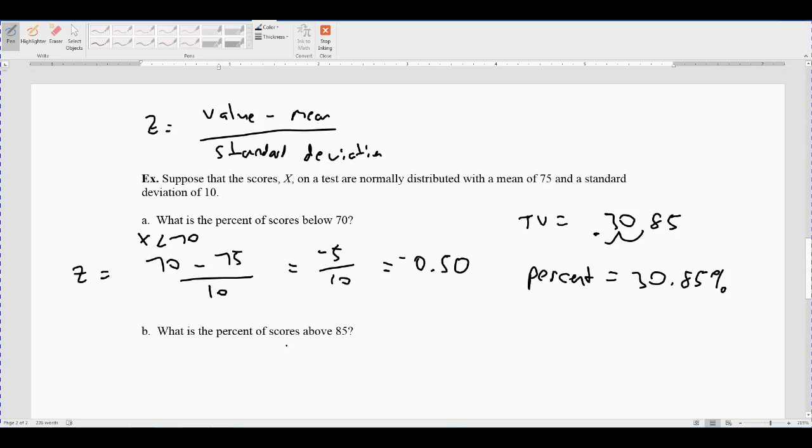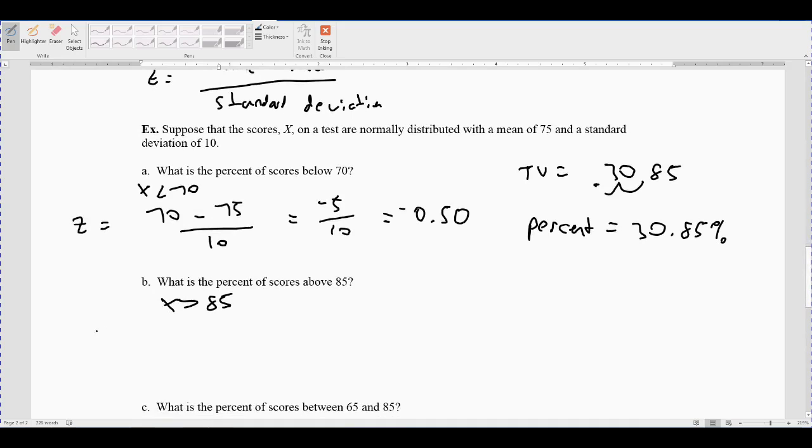Now this next question is scores above 85, so that's x is greater than 85. So the same process. Z equals 85 minus the mean, which is 75, divided by standard deviation, which is 10. 85 minus 75 is 10. 10 divided by 10 is 1, same as 1.00. Go to the table.